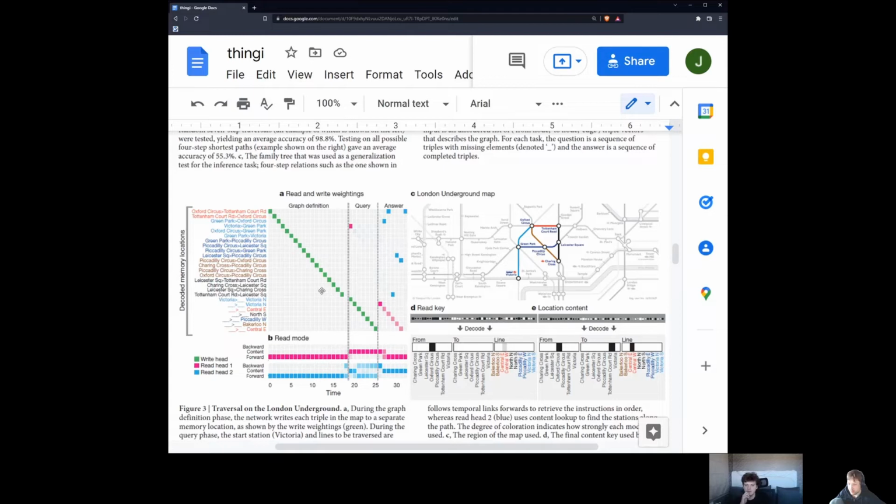Good question. I don't know, but probably it is able to understand that this is the start station during the query. Like it has a question and it connects it in memory to this is the start station.